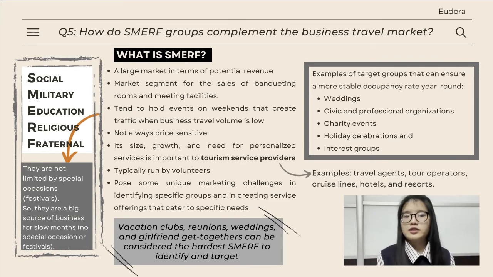Some of the hardest groups to identify and locate are vacation clubs, reunions, and girlfriend get-togethers. On the other hand, there are also target groups that can ensure a more stable occupancy rate year-round, such as weddings, civic professional organizations, charity events, holiday celebrations, and interest groups.